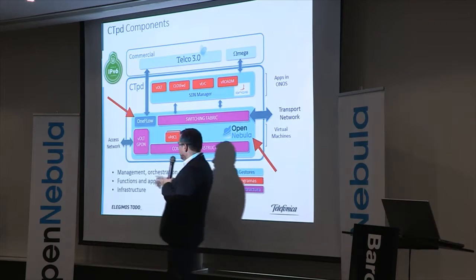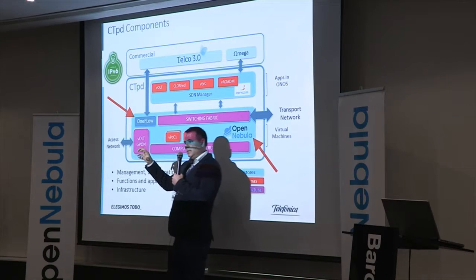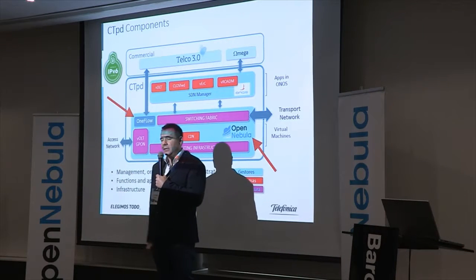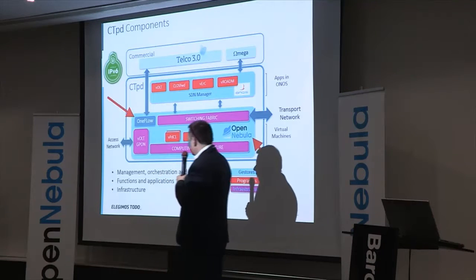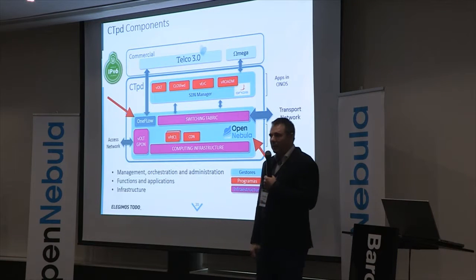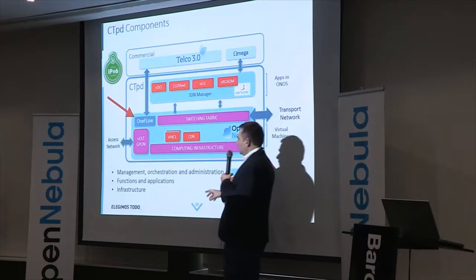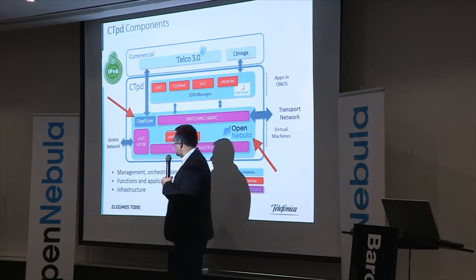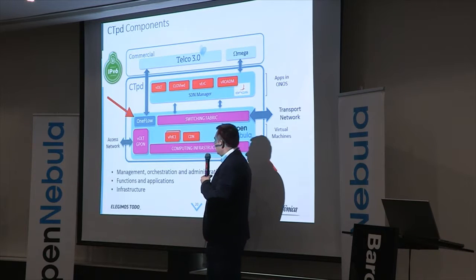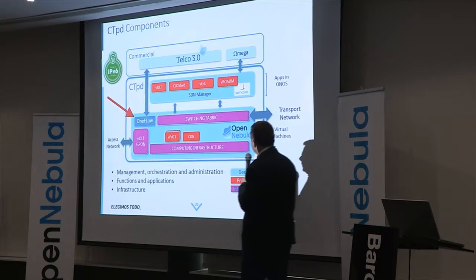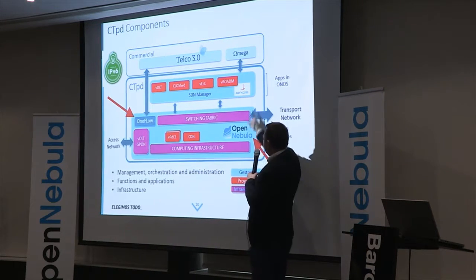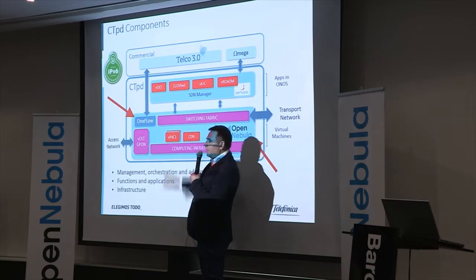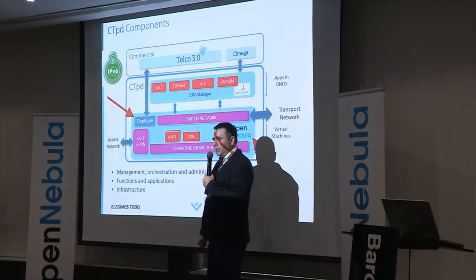And for the OLT, the equipment that connects the fiber coming from the users, we used Mininet as well, because at the end of the day, the OLT is seen like a level 2 switch for the SDN controller.